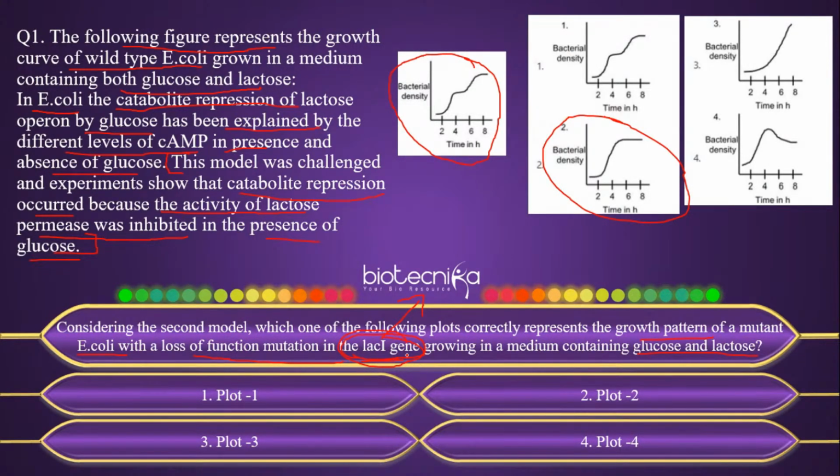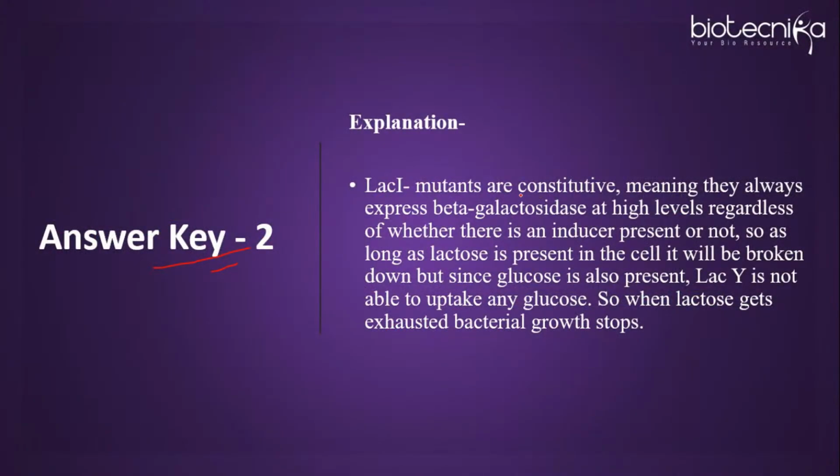Yes, what does it lead to? Yeah, very good. It leads to constitutive expression. That is, whether we have an inducer present or not present, beta galactosidase will be expressed at higher levels, right? But we have lactose present in the cell. So this lactose can also be broken down.